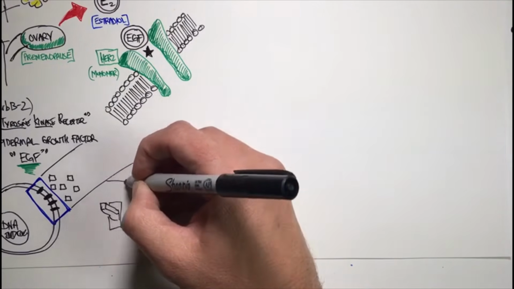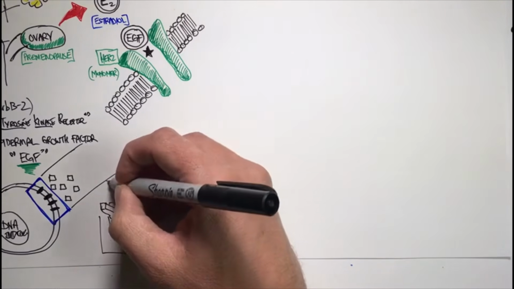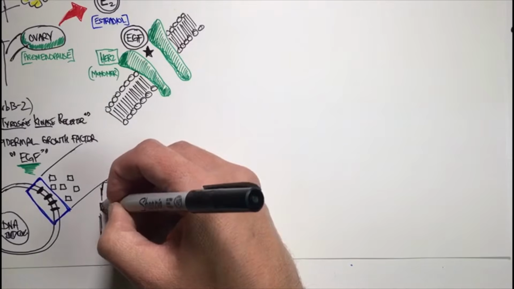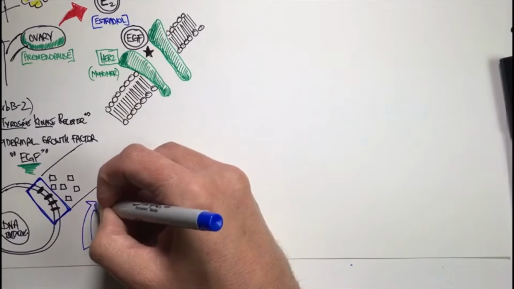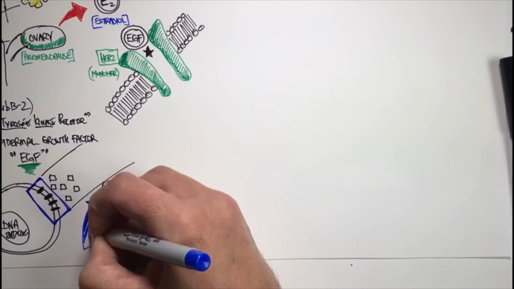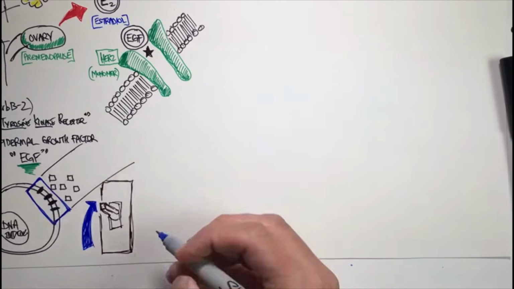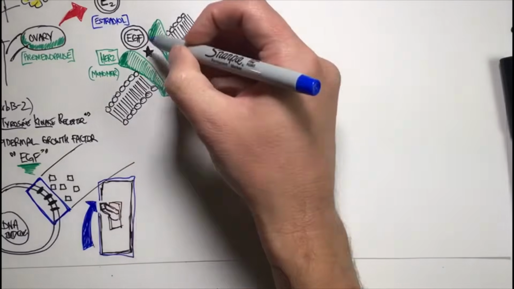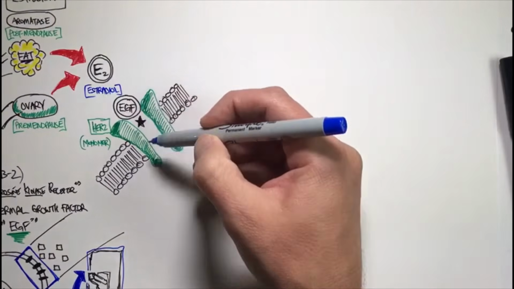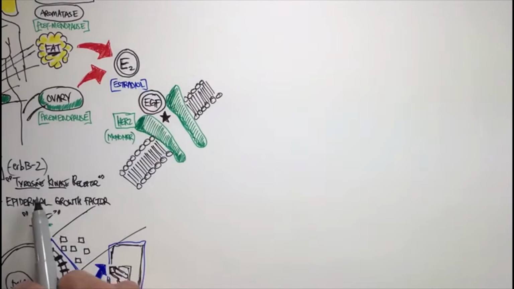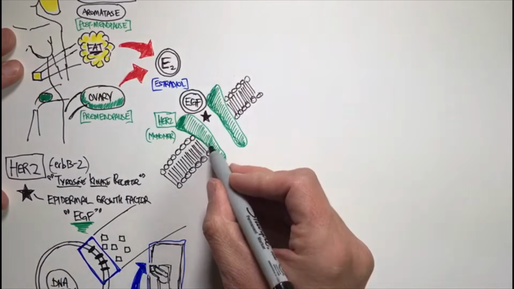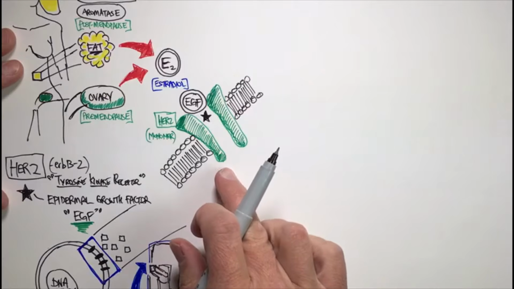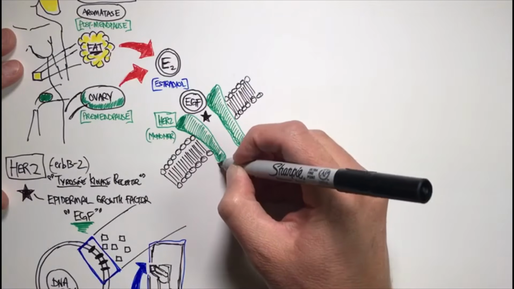So when EGF binds the HER2 receptor, it's like flipping on a light switch, like when you walk into your room, and it triggers something. So when we flip a light switch, of course, in the case of walking into a room, we expect the lights to flip on. And in the same way, when EGF triggers and docks into the HER2 receptor, it stimulates and brings two monomers together as a dimer. So you see how they're sort of connected together there.